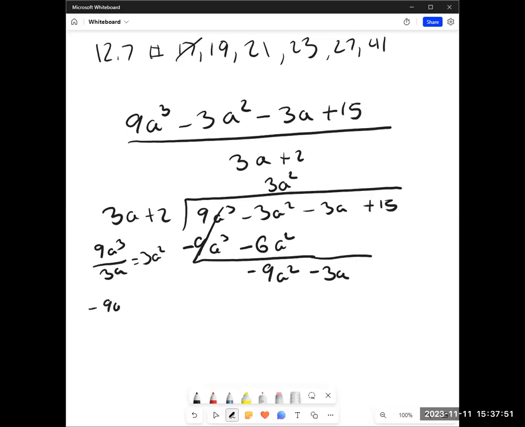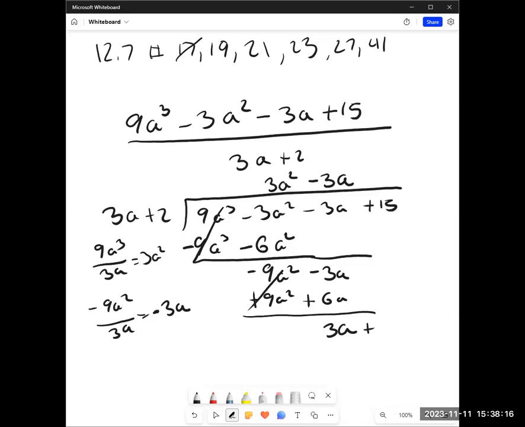Negative 9a squared divided by 3a is a negative 3a. Right, minus 3a. Negative 9a squared minus 6a. Change my signs and add. Negative 3 plus 6 is 3.